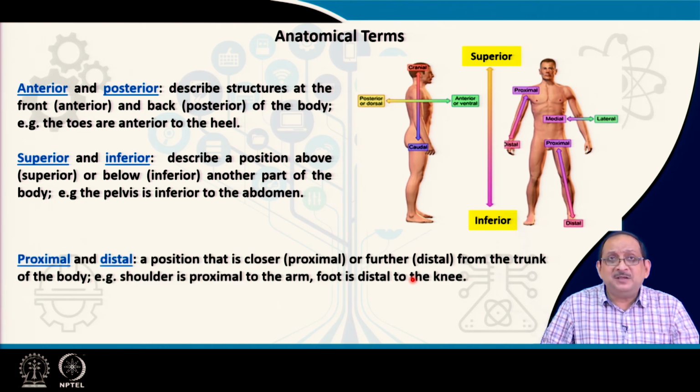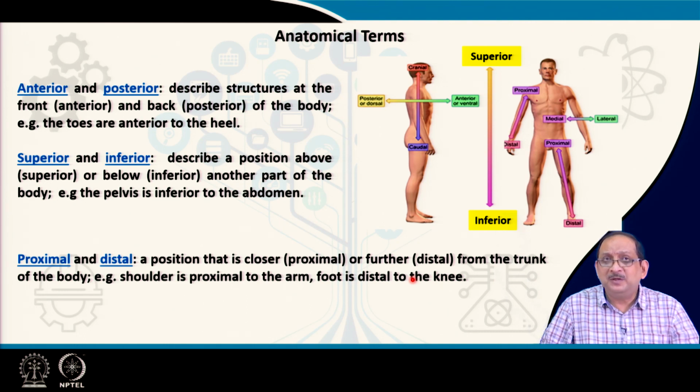The proximal and distal are also anatomical terms which are frequently used to describe position. They describe a position that is closer, that is proximal, or further away, distal, from the trunk of the body.